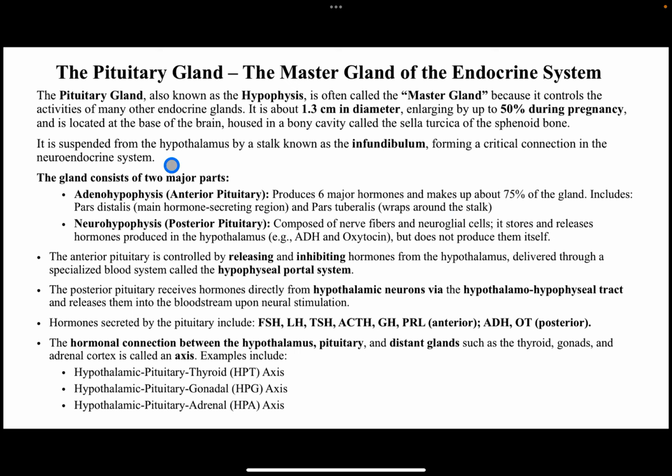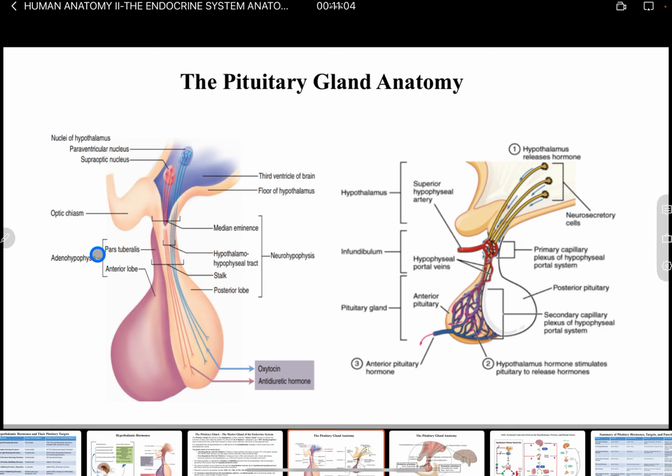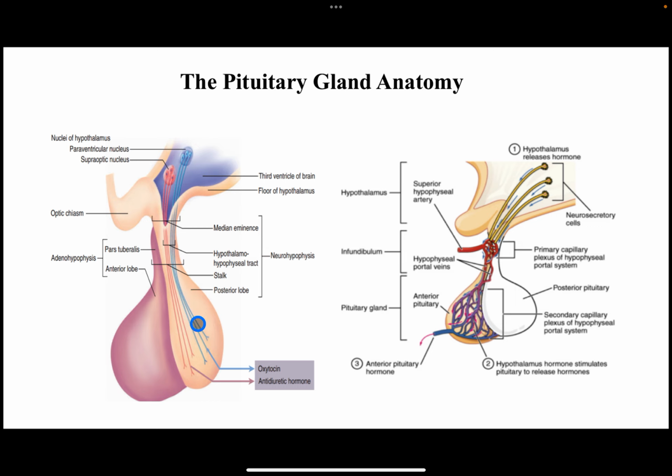Then the neurohypophysis, on the other hand, is composed of nerve fibers and neuroglial cells. It stores and releases hormones produced in the hypothalamus, specifically antidiuretic hormone and oxytocin, but does not produce them by itself. So like I said, no hormone is produced in the posterior pituitary, but it stores the hormones that are produced in the hypothalamus and transported there.